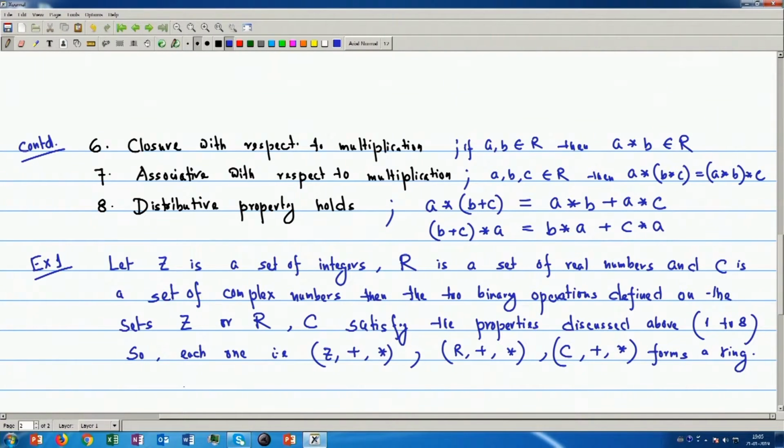Here the additive identity is 0 and the additive inverse of x is minus x. Normally we take it like that.